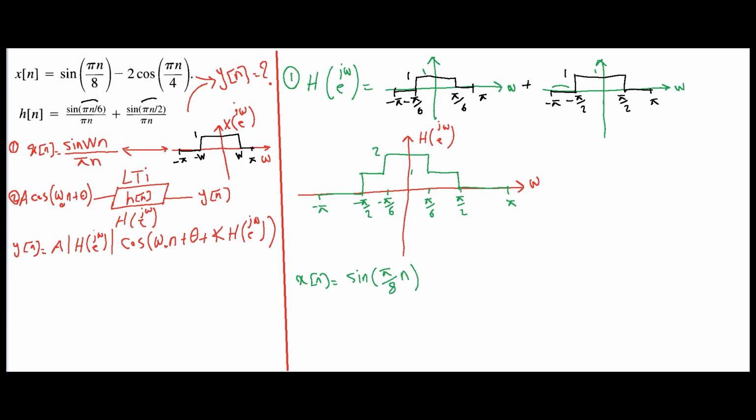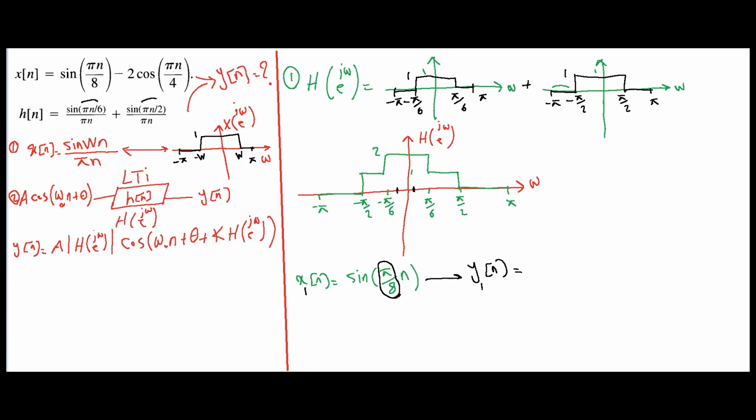Next, we analyze the input signal. The first part of the input is sin(π/8 n). The signal corresponds to two unit impulses in the frequency domain, located at plus and minus π/8.